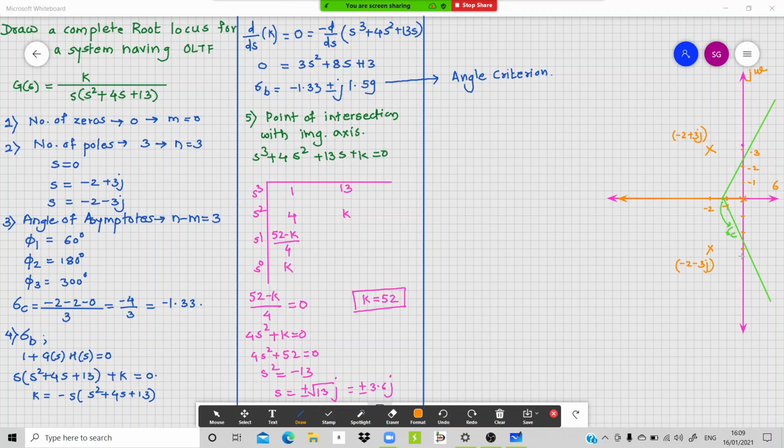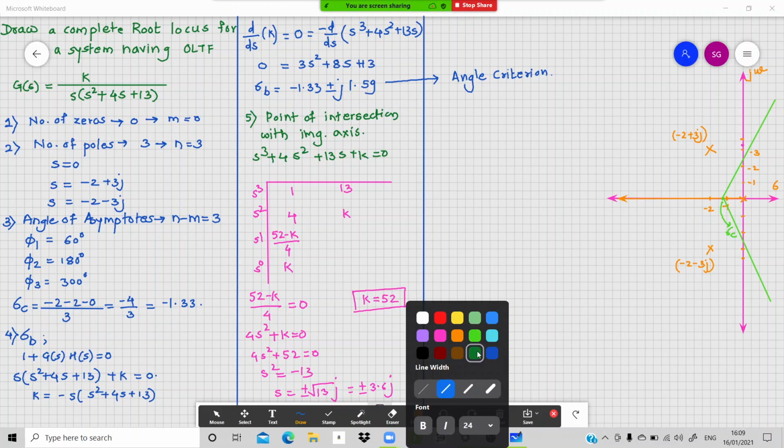Yeah, so it is 3.6, so somewhere here, 3.5 and 6. So it is going to move in this way and in this way, okay, but we don't know the angle of departure, so we'll calculate that.